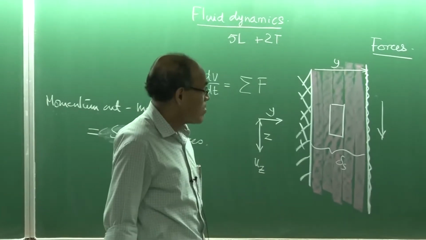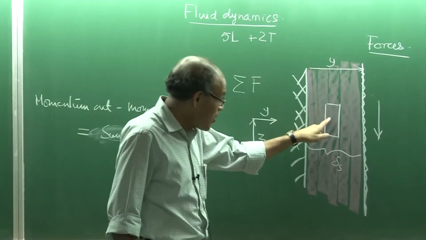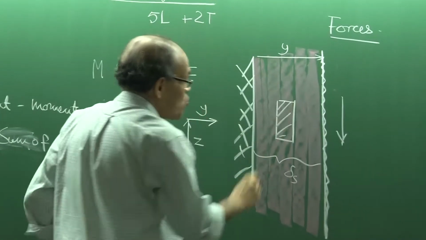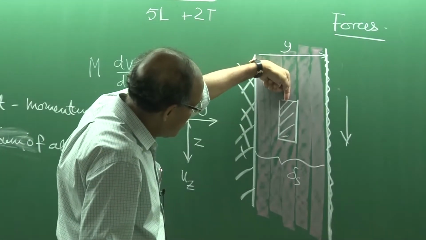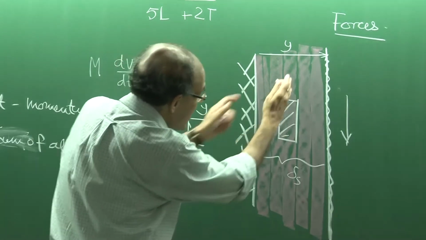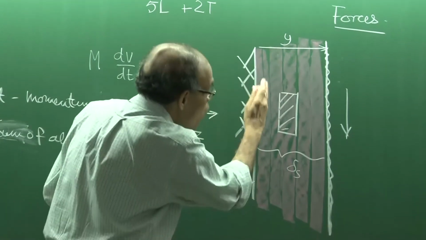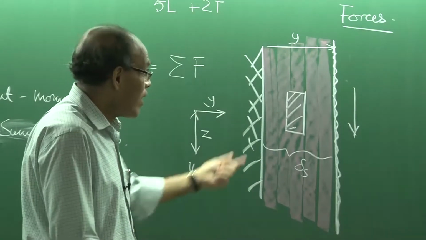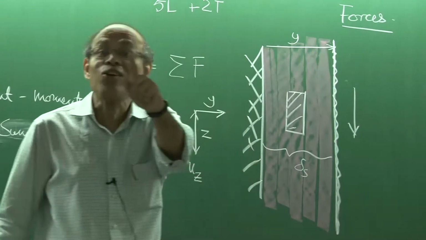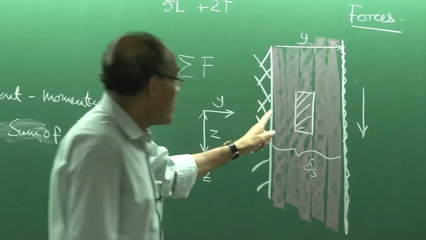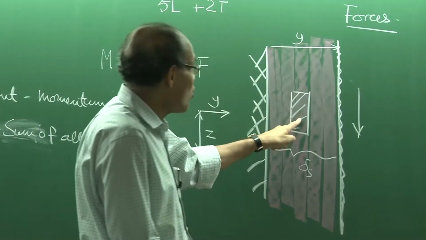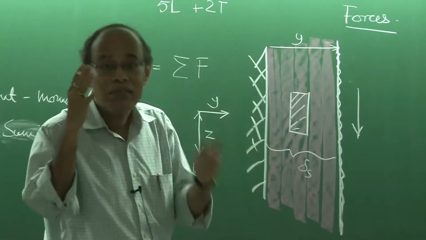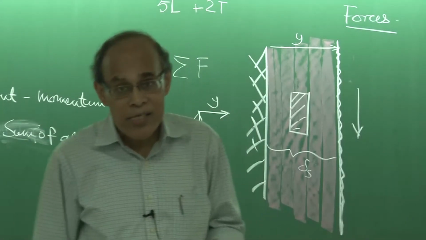So, we can say that there is a momentum exchange coming into this control volume, because there is a net flow. So, momentum comes in, momentum goes out. Similarly, since the fluid is moving, along this direction also there is a momentum input. Even though we may not have a second component of the velocity, momentum gets input into this control volume because of the flowing motion, because of the property of the fluid which we call viscosity.